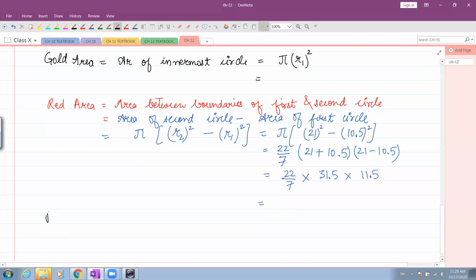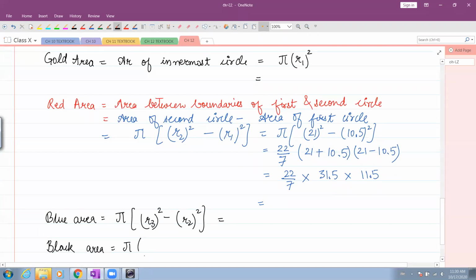Then we have the blue area. And now I don't have to describe all of this. I can simply write down that this will be given by the area between the second and the third circle. You can solve. Then we have the black area that will be given by the area between the third circle and the fourth circle.